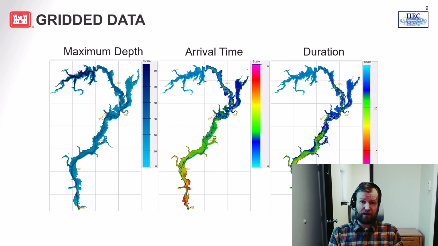So we've talked about common computation points and cross-section hydraulic input, but it's really recommended these days to use gridded output from HEC-RAS. The main hydraulic input source for SWMS FIA models are max depth grids from HEC-RAS unsteady simulations. The RAS simulations can also provide arrival time and duration grids among other output grids.